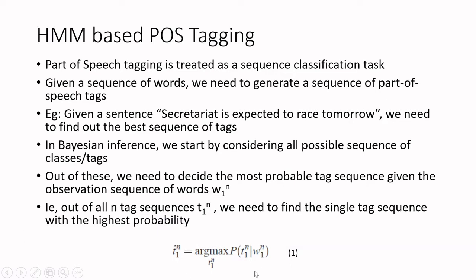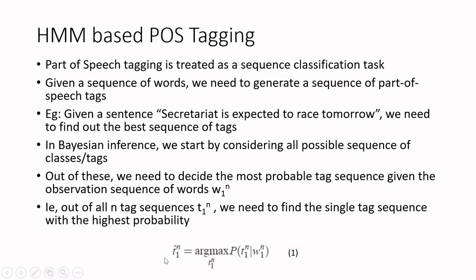In equation form, T1 hat raised to n is the tag sequence with the highest probability. It can be written as argmax of the probability of T1 raised to n given the word sequence, found over all the possible tag sequences, and we identify the highest probability. Okay, so this is the computation which we need to do.